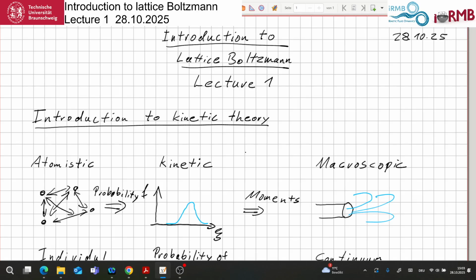And if you look in the physics books, this is usually, for example, Landau-Lifshitz. Do you know Landau-Lifshitz? Theoretical physics. Some people say that's the most important physics book written.